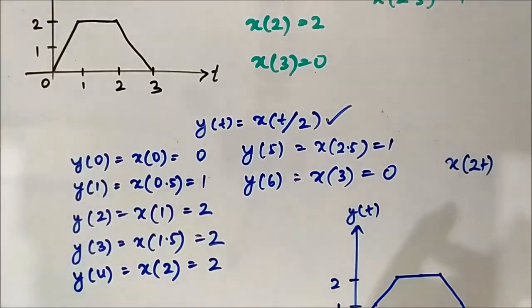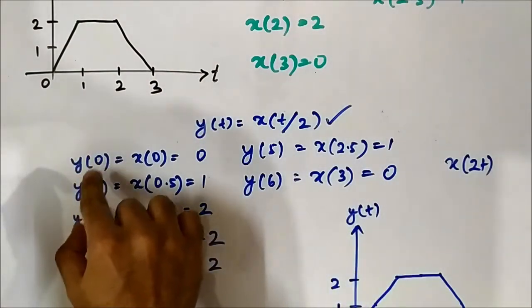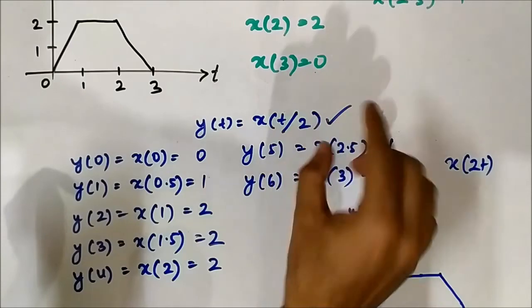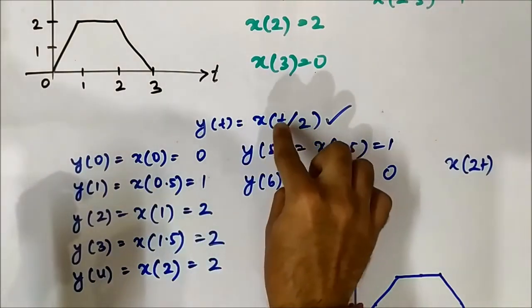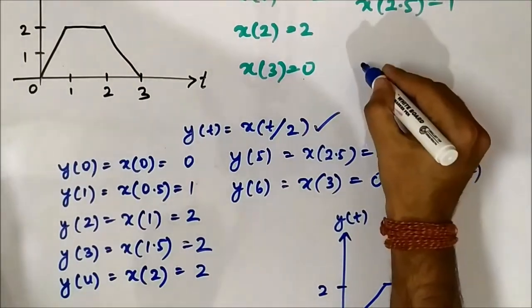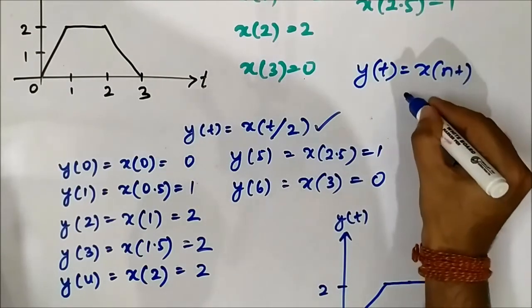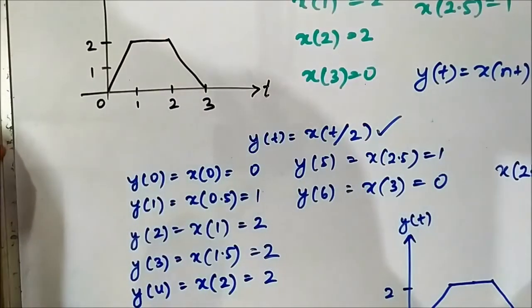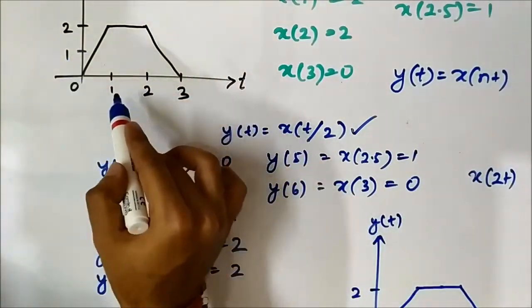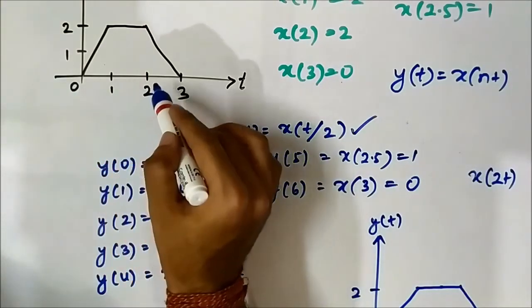So if you have to perform the time scaling operation directly without doing all these things, I mean y0, x0, y1, x0.5 for each point, when it is said that you have to do something like yt equals xnt, then you will divide each of these points of the original reference signal by that factor n: 0 by n, 1 by n, 2 by n, 3 by n.